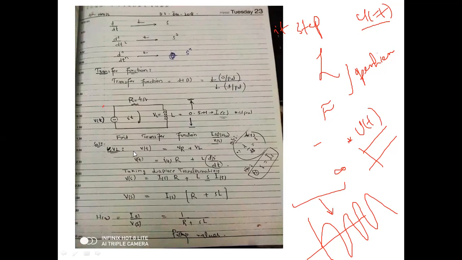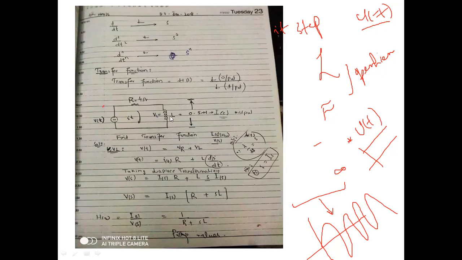So let's apply this to the RL circuit. First, the given is R is equal to 4, L is equal to 0.5. Okay, now they told us to find the transfer function where the output quantity is I of s, means this current.